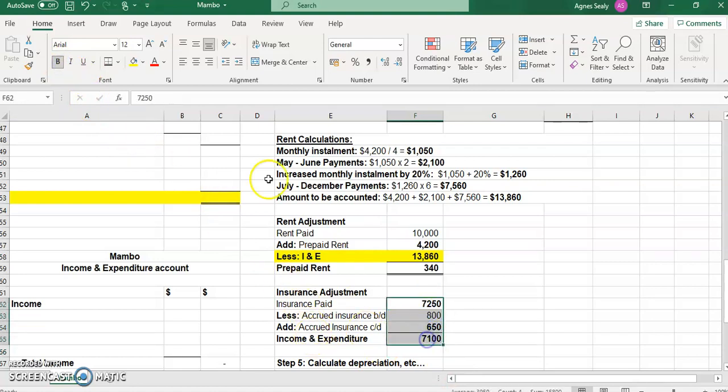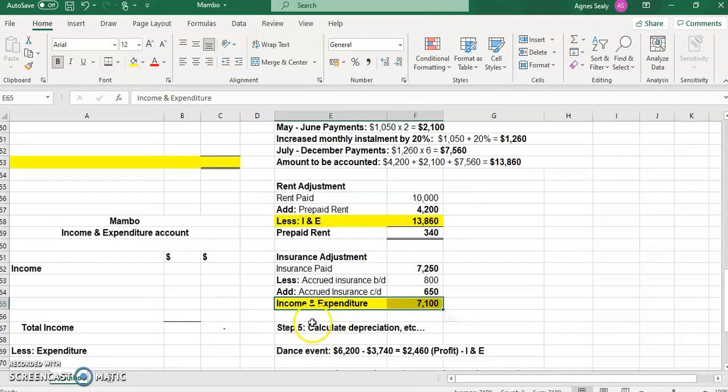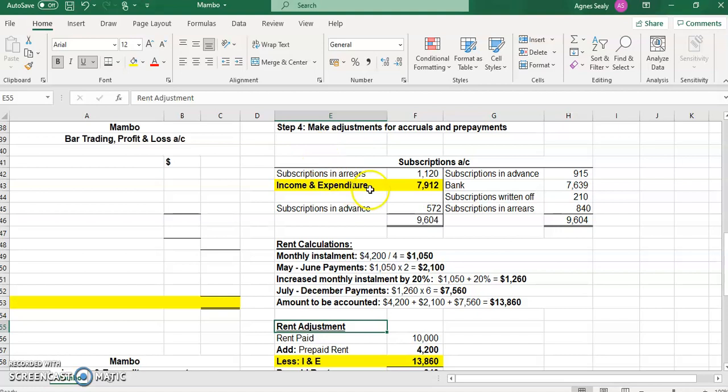So the amount to include in our income and expenditure account for the insurance is $7,100. So I have that highlighted as well. So now we know how much we are going to include for our insurance. So we have the adjustment for that. We also know how much we are going to include for our rent, and we also know how much we are going to include for our subscriptions.